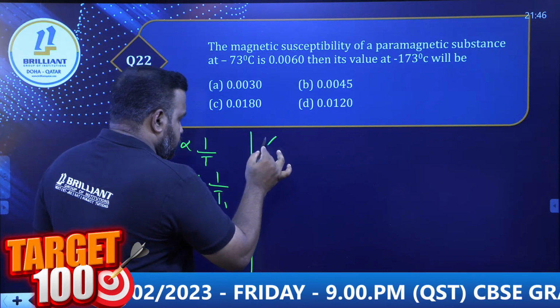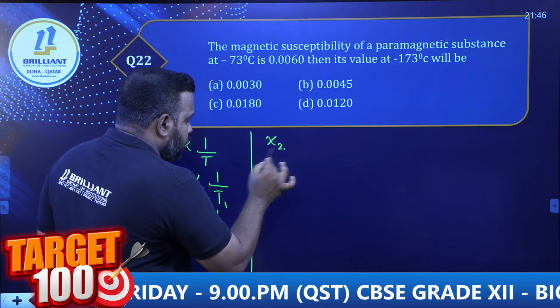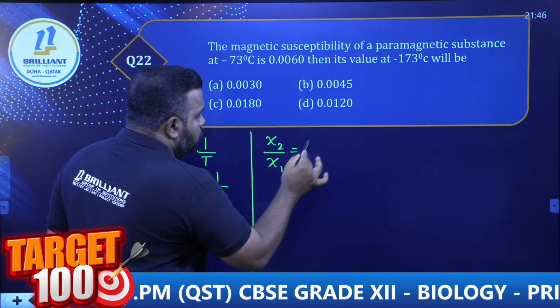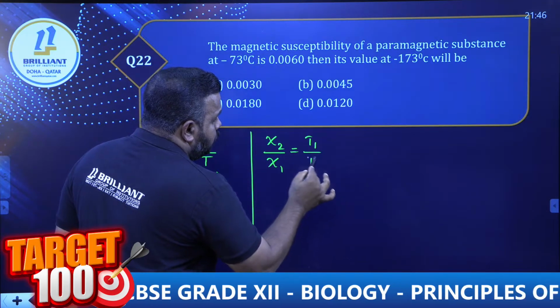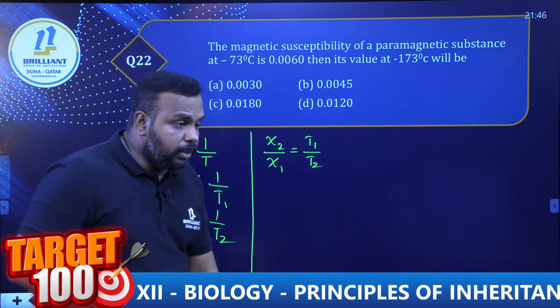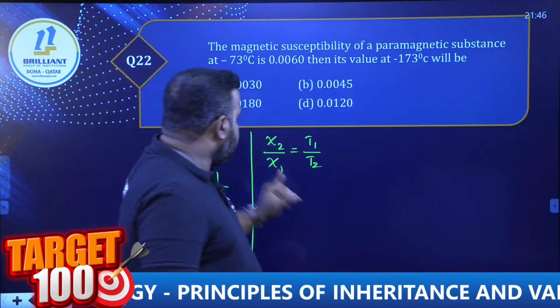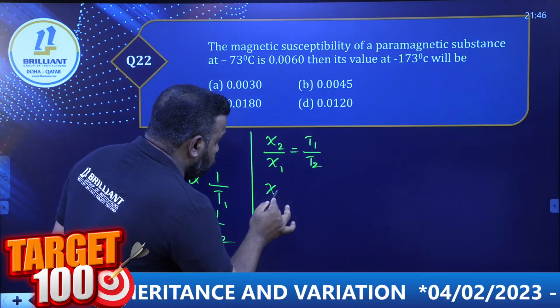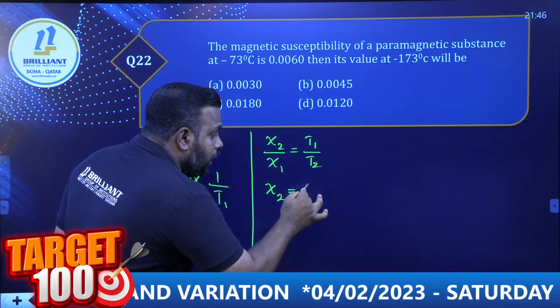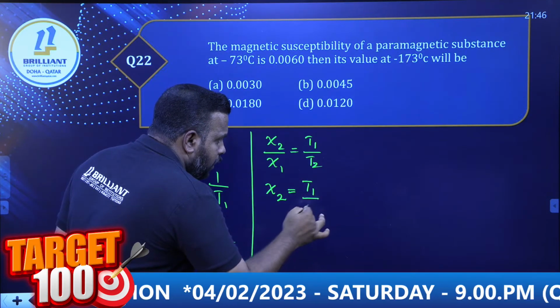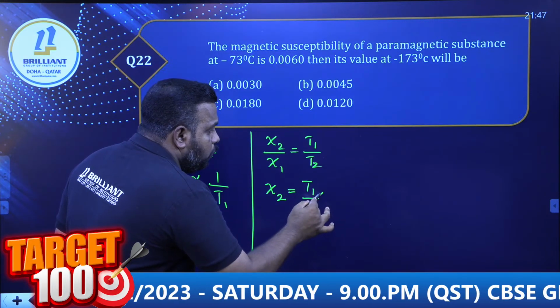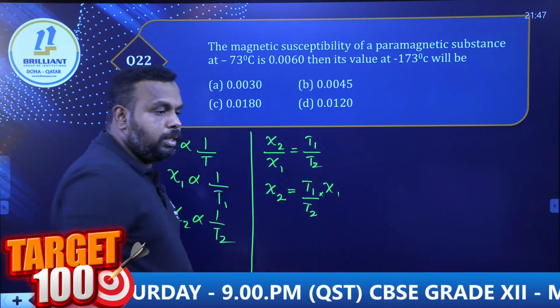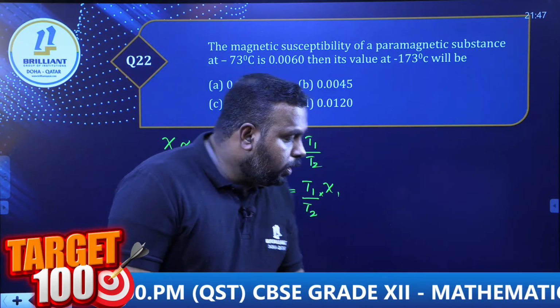Chi 2 by chi 1 will be equal to T1 by T2. So chi 2, the new susceptibility, will be equal to initial temperature by final temperature into chi 1, the initial susceptibility.